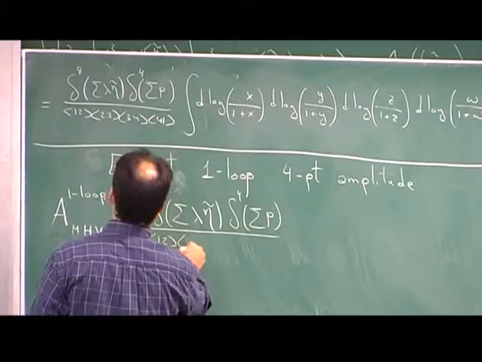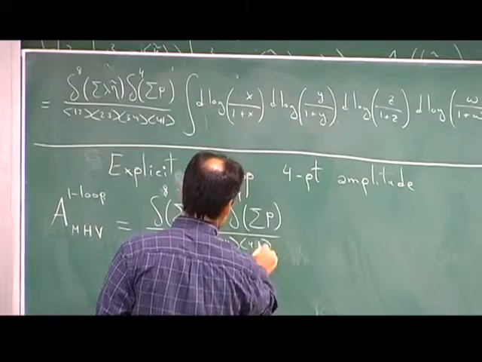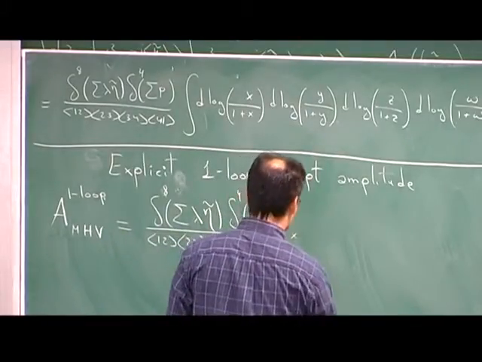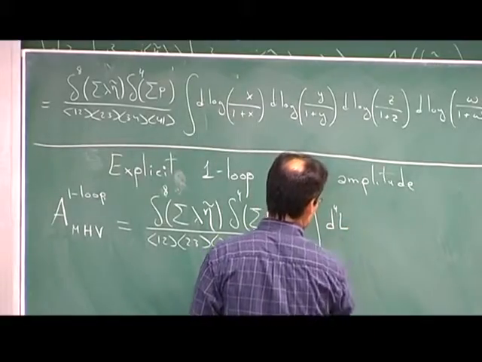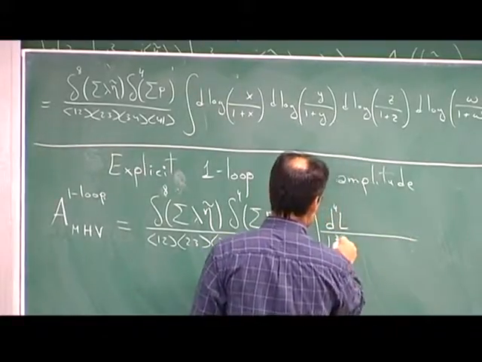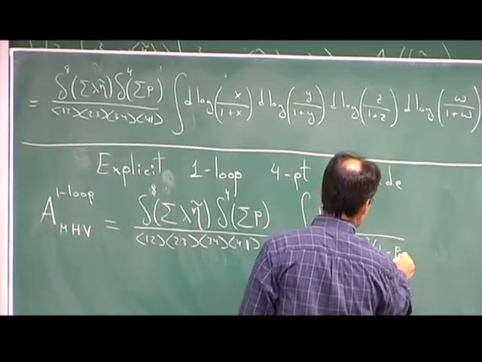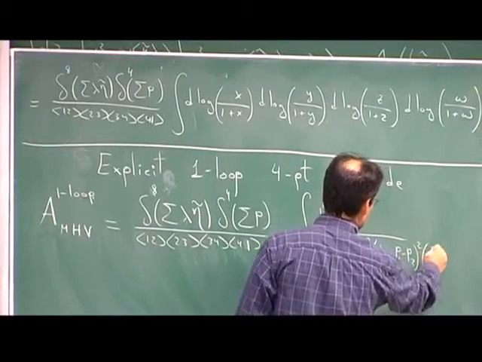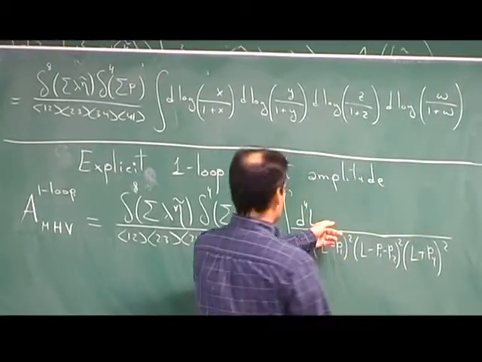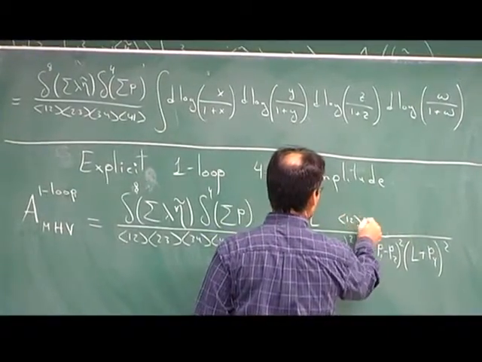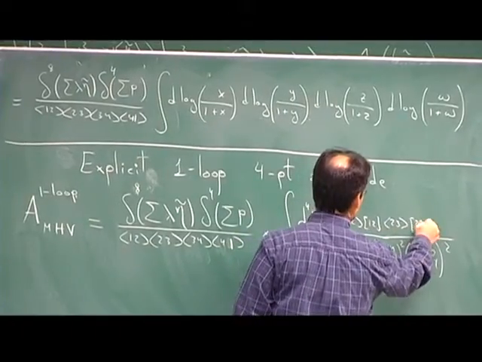divided by, times an integral of the form d4L over L squared, L minus P1 squared, L minus P1 minus P2 squared, and L plus P4 squared. Multiply it in the numerator by 1, 2, 1, 2, 2, 3, 2, 3.